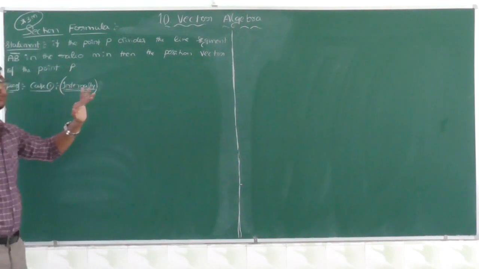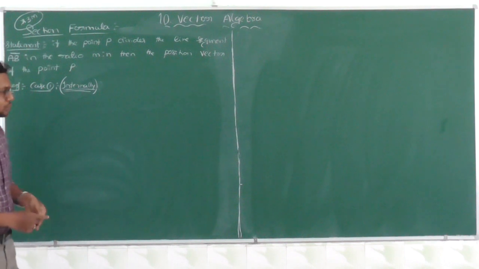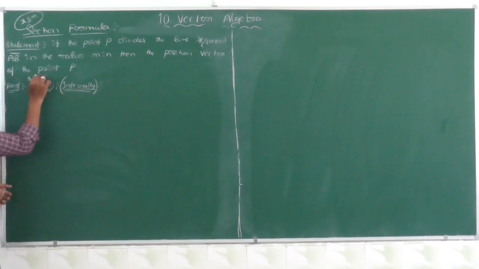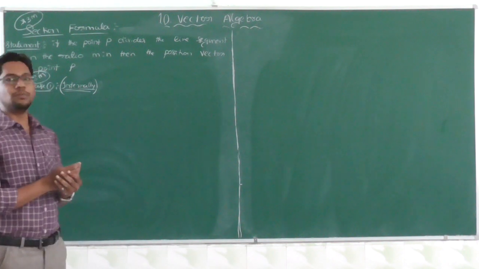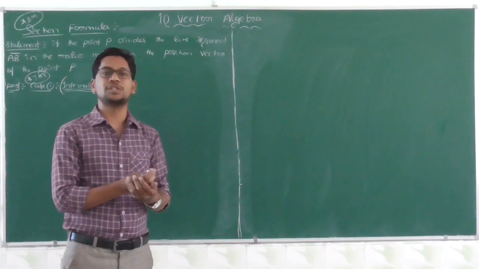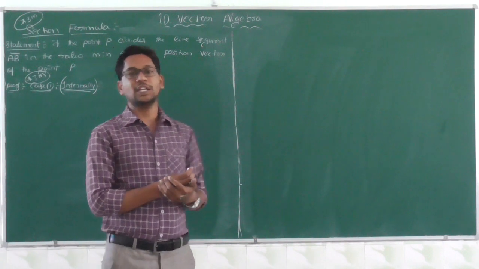Okay. This section formula has two cases. We will prove both cases. For your point of examination, the internal case is very important for 3 marks. Next, the second case is not that important for your examination. Even though, I will prove the second case.